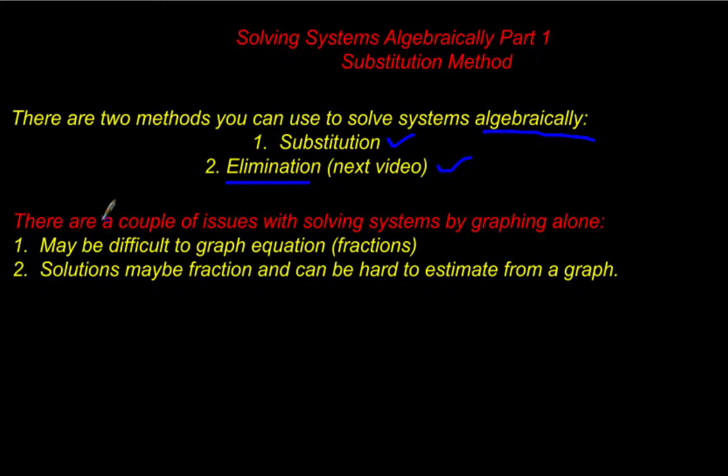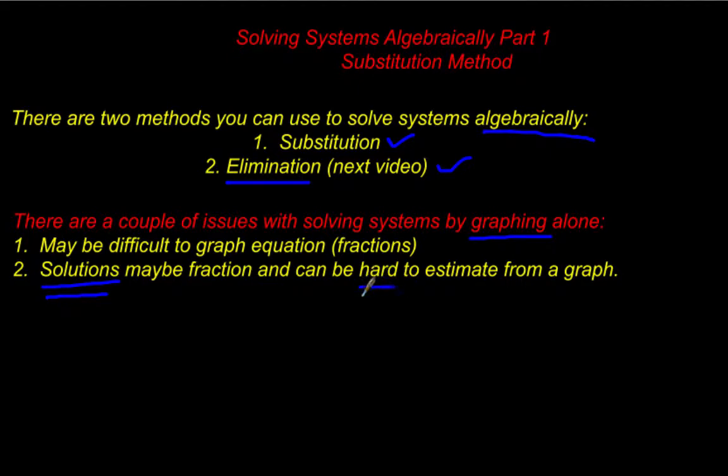There are a couple of issues when solving systems by graphing, and that was our previous video. Number one, it may be too difficult to graph the equations. Let's say you have fractions or decimals, and it's very hard to graph that system. You may not be able to graph accurately. Maybe the solution is, let's say, 1/9 or 1/7.